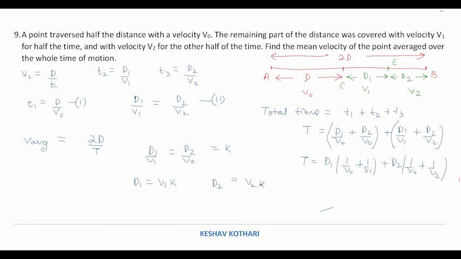If we substitute all the calculated equations, that is the V average equation, to get our answer in terms of the velocities v1, v2 and v0, we obtain V average equals 2d upon d1 (1 by v0 plus 1 by v1) plus d2 (1 by v0 plus 1 by v2).